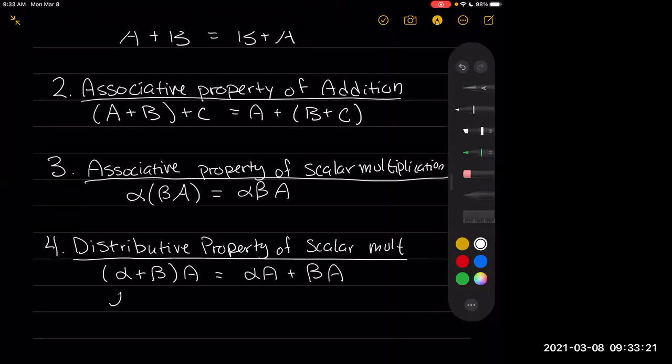Also, if we have alpha times (A plus B), that's the same as alpha A plus alpha B. So we can distribute our scalar in like this, or we can distribute 2 scalars out and we end up with the same thing.